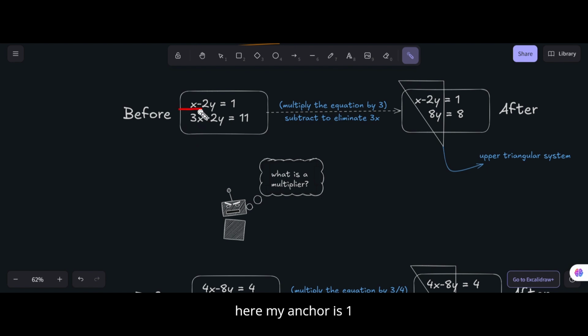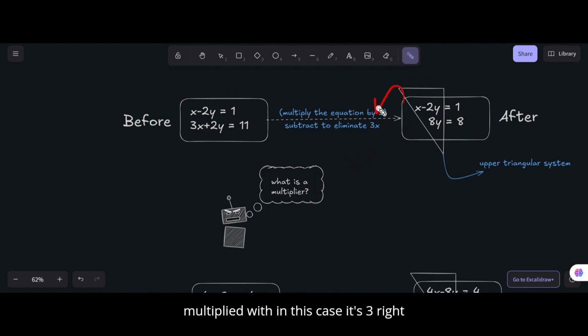Here my anchor is 1, because I have to eliminate my 3 here. The 1x is the anchor so that I can eliminate my 3x. So my 1 is my pivot, and the number that I multiplied with, in this case 3, is my multiplier.